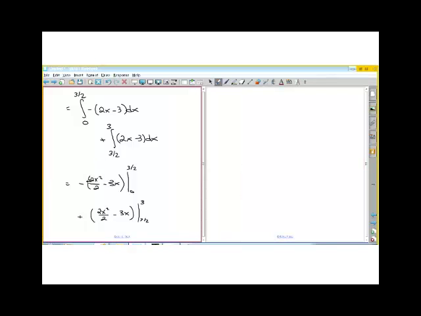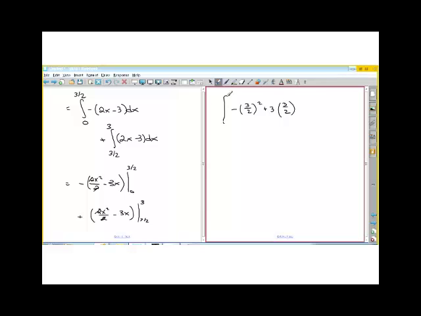Okay, so we get x squared, so this will simplify. So we have negative x squared. Let's do that. x is 3/2. We square that. Negative times negative is positive, so we get positive 3 times 3/2. So that's the first integral evaluated at the upper limit.